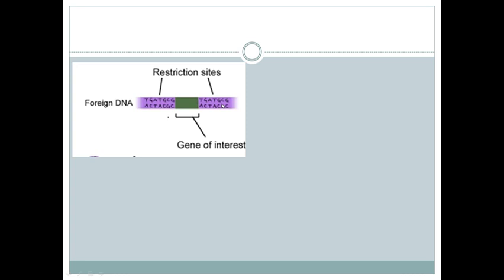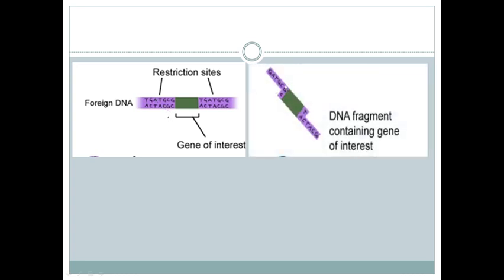Once we do, we will have a DNA fragment having the gene of interest in the center, flanked by segments of DNA on either side, like this. So here is our DNA fragment containing the gene of interest. It has the complementary sticky ends to those that were produced in the plasmid.